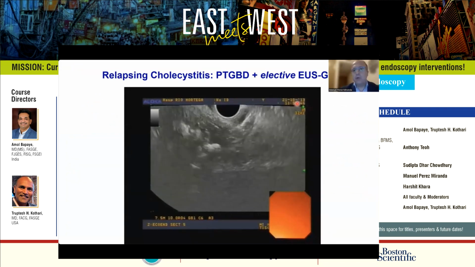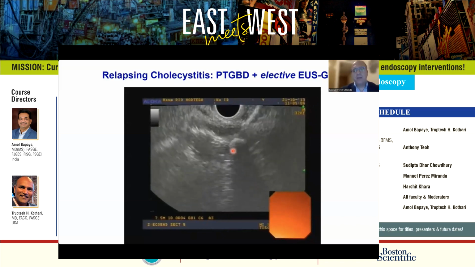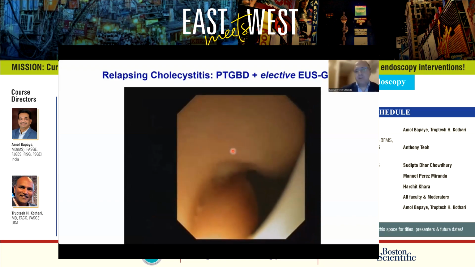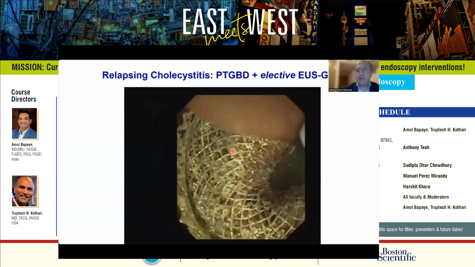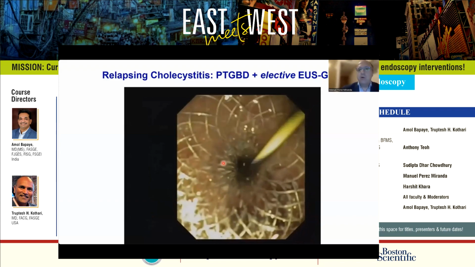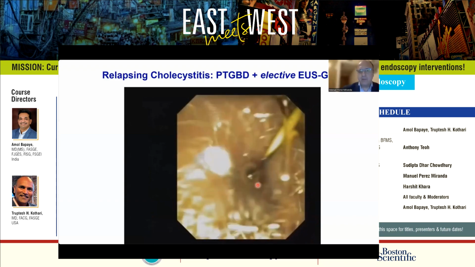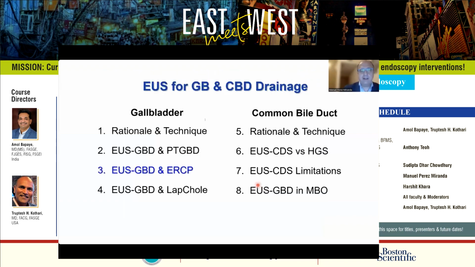This is an older case, sometimes over the wire, even if it's hot, and these can prevent recurrences. So the patient can be drained in the acute setting by interventional radiologists and then converted electively to EUS-guided gallbladder drainage when everybody is agreed that he or she is a definitive non-surgical candidate.